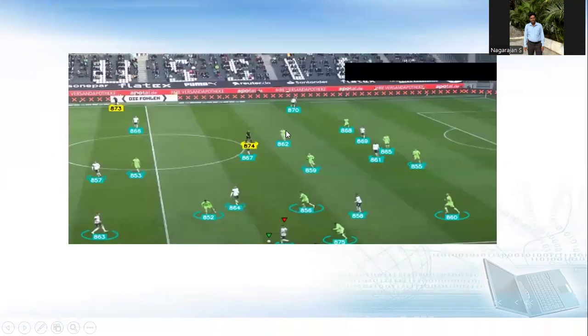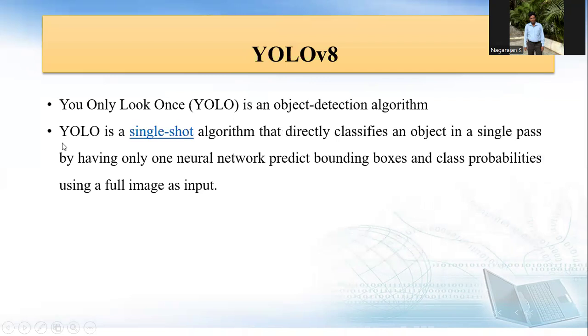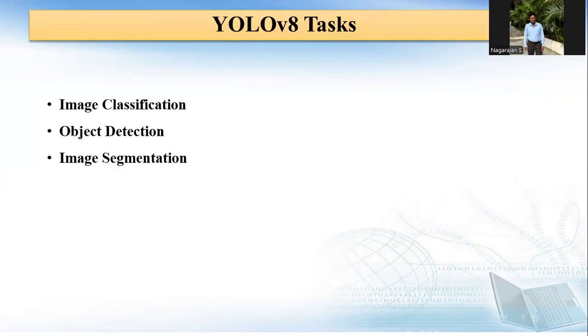Here, suppose a person is playing, so it will show that, and if any other object is there, it can predict it easily. It also supports instance segmentation. Generally, all of you know about image segmentation. Suppose an image is divided into multiple parts to enhance the accuracy; that also we can achieve with the help of YOLO V8.